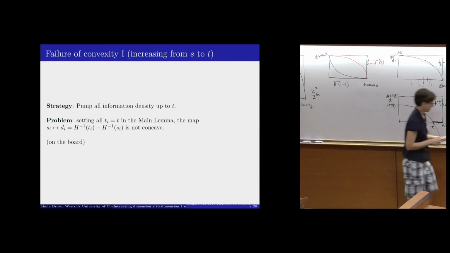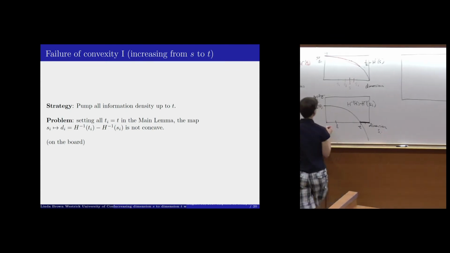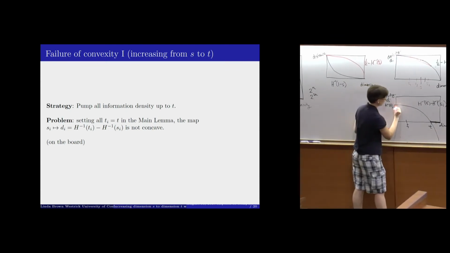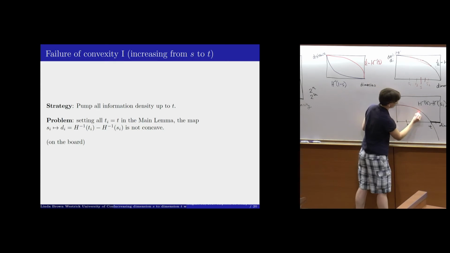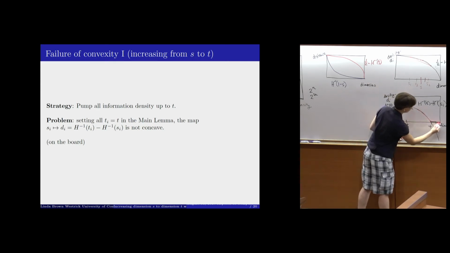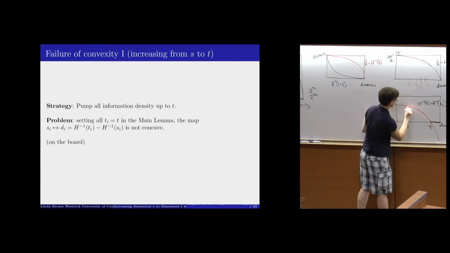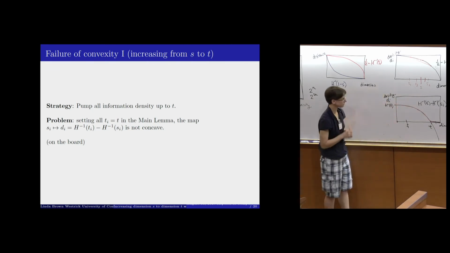All right, well, that obviously creates a problem, because that means the strategy that we're following is not convex. So this is the description of the distance strategy.